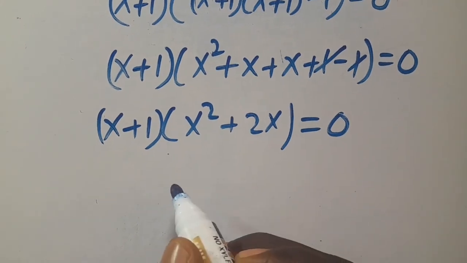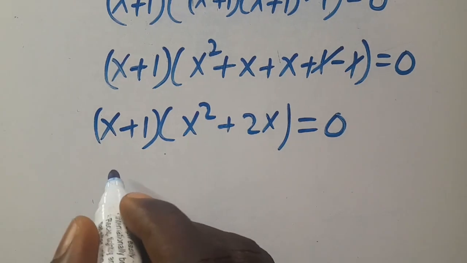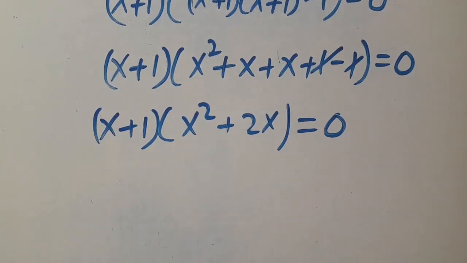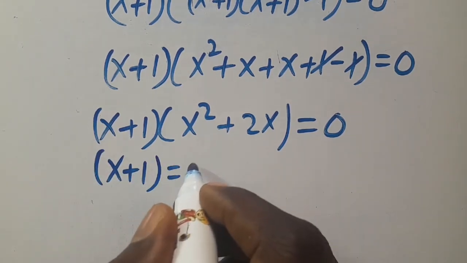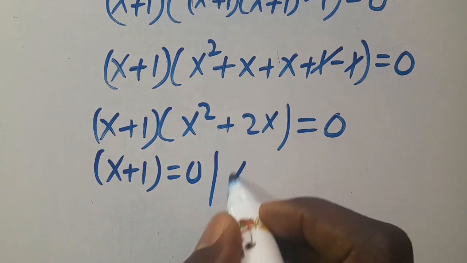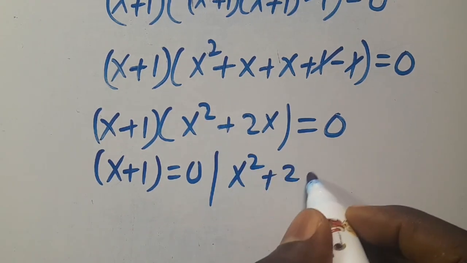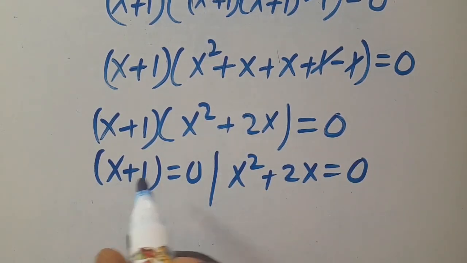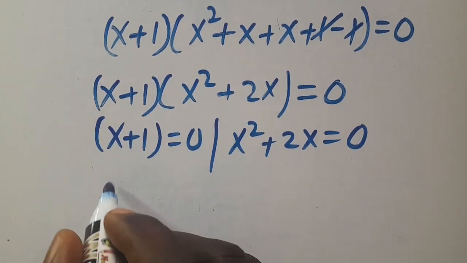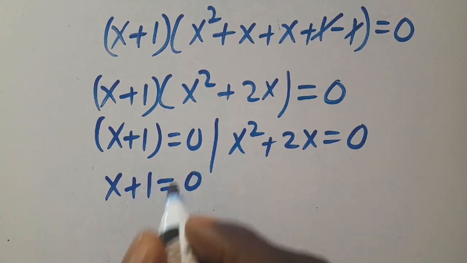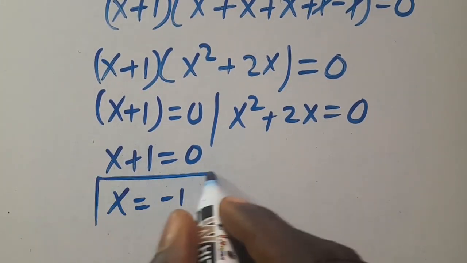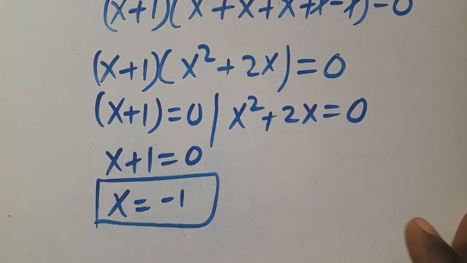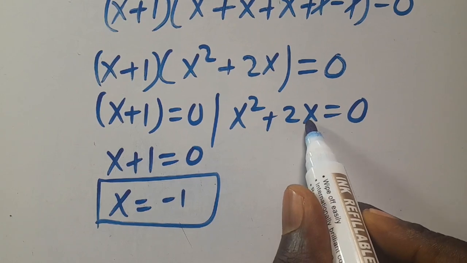From here, for this particular expression to be equal 0, either we have x plus 1 in parentheses equals 0, or we have x squared plus 2x equals 0. For this expression to be equal 0, from here we have x plus 1 equals 0. This implies we have x to be equals minus 1. Then likewise, from here, we have x in common.